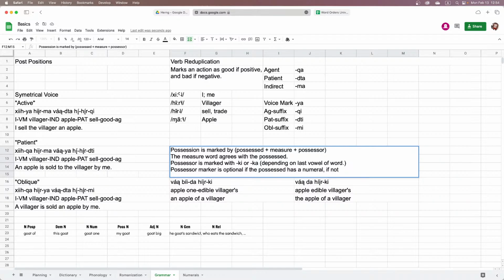If not, if possessed is counted, marker is required.